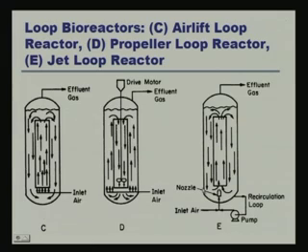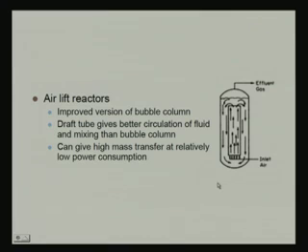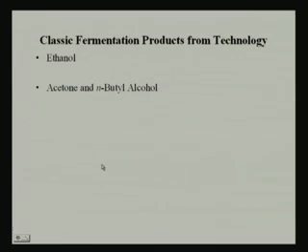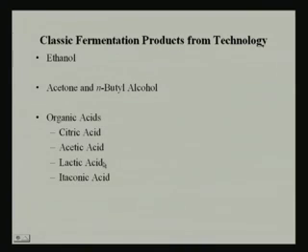Here, through the nozzle, the air comes in, pushes the liquid, mixes with it, and comes in contact with the liquid. So, these are the different concepts of the airlift fermenter. It is an improved version of the bubble column reactor. The draft tube gives better circulation of fluid and mixing than the bubble column. It can give high mass transfer and relatively low power consumption, as we have already discussed for this reactor system.